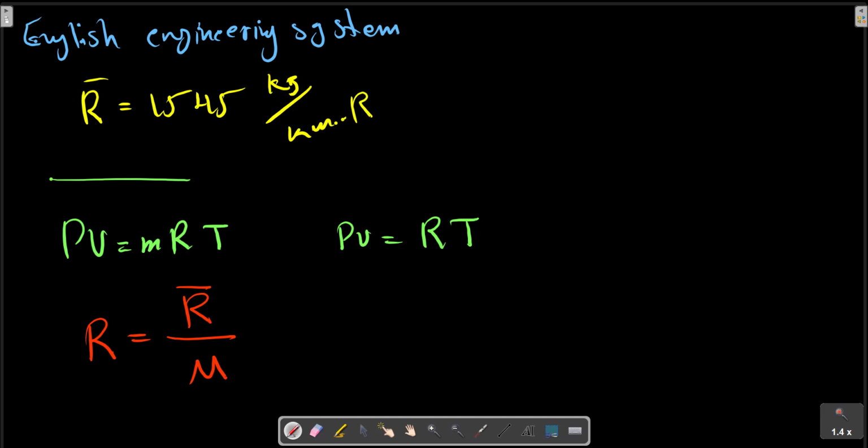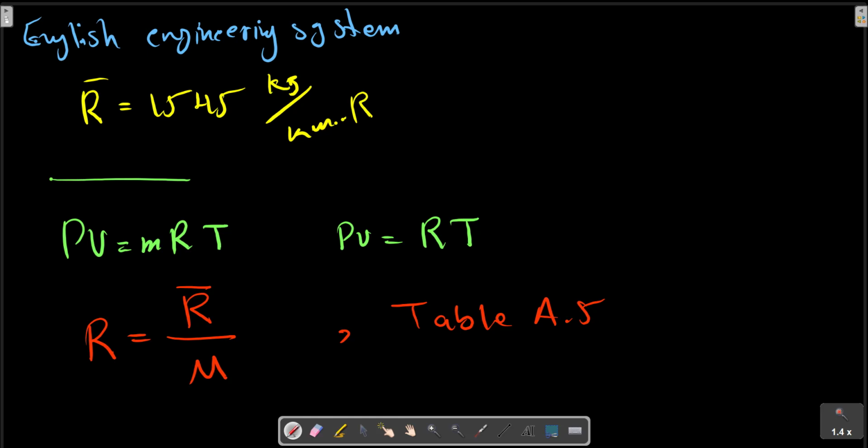The values of R for a number of gases are listed in Table A.5. Because of its simplicity, the ideal gas equation of state is very convenient to use in thermodynamic calculations.